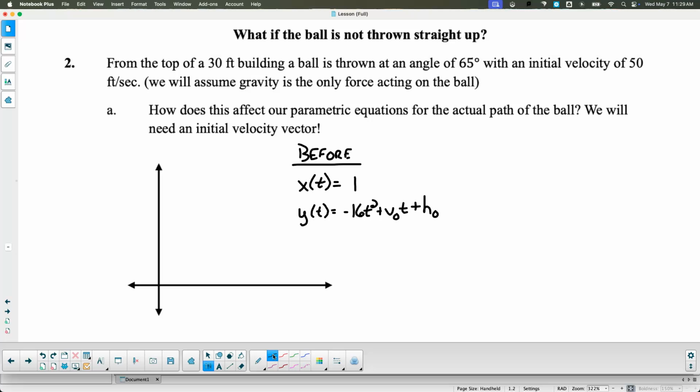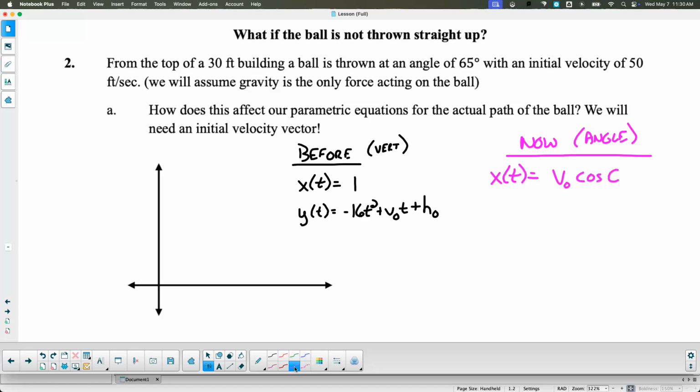Now that we're launching at an angle, our x of t is going to be v sub 0 times the cosine of theta times t.